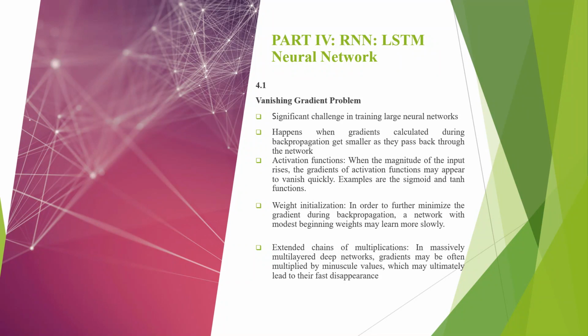It happens when gradients calculated during backpropagation get smaller as they pass back through the network, making it harder for the layers that came before them to correctly learn and modify their weight parameters.